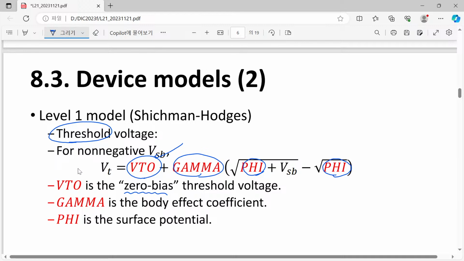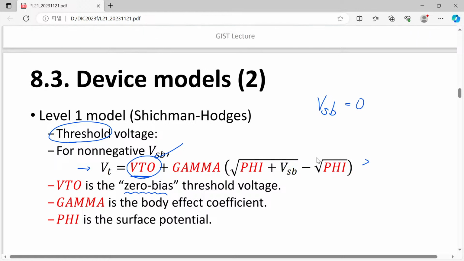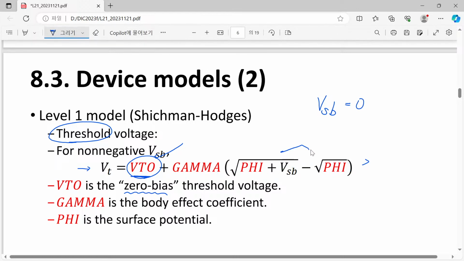So following this expression, if we apply 0 source to body voltage, then of course this part will not contribute at all. So our threshold voltage will be just VTO. However, if we have a certain positive voltage, then the difference between these two numbers will not be 0. That will be a positive number, and depending on this gamma factor, we will have increased threshold voltage.